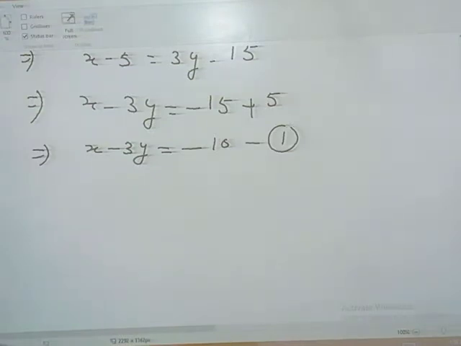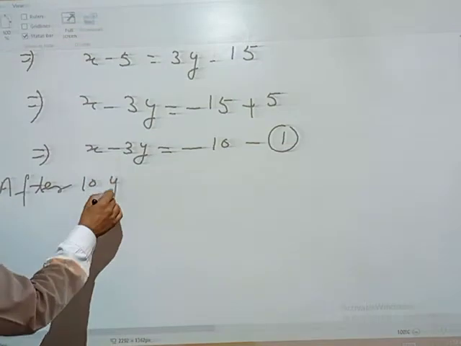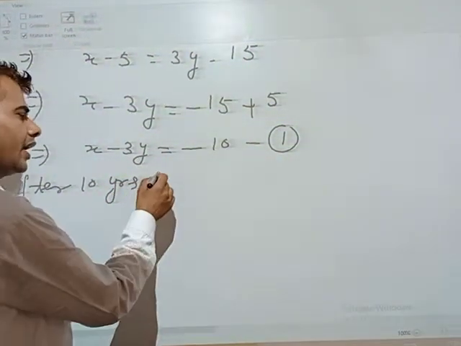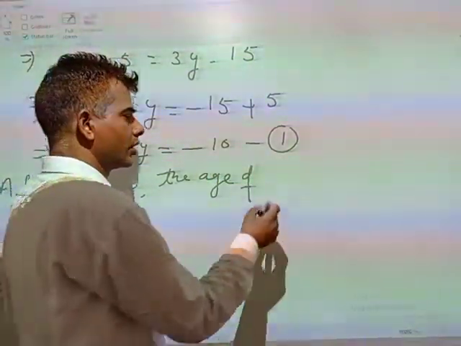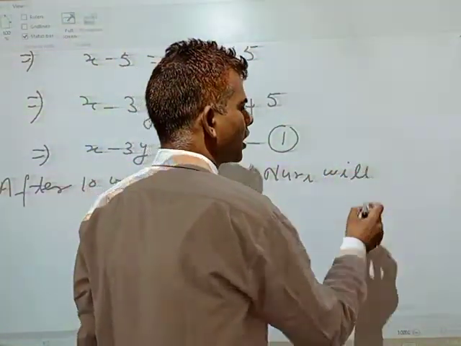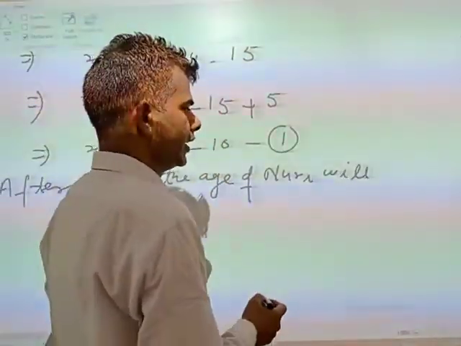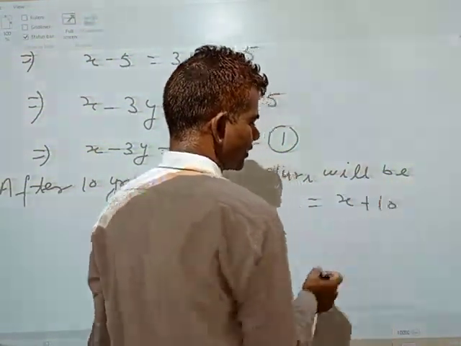Now, students, 10 years later means after 10 years. 10 years will be added. After means we are talking about the future, so the age of Noori will be x plus 10 years.